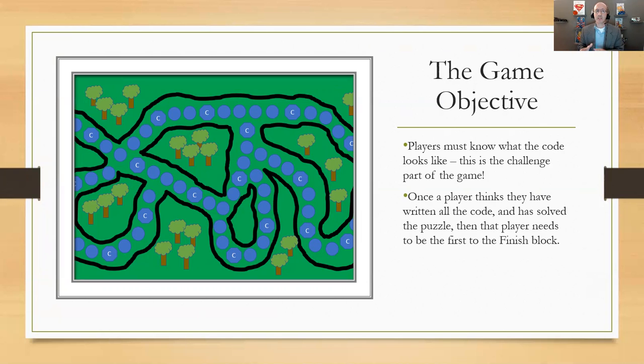So you really have to teach code before you play the game. And my video tutorials on how to look at code, write code, and understand code are going to help you as a teacher do that before you even start playing the game.